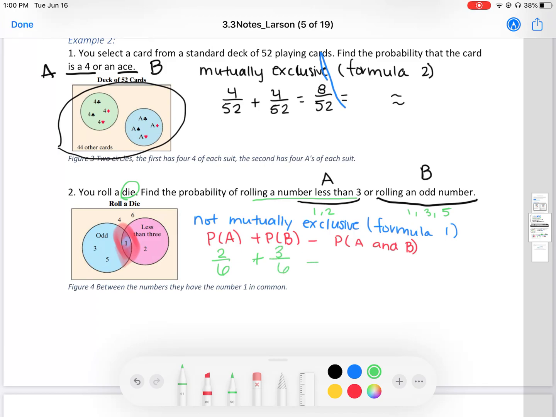And then I have to subtract what they have in common, just one number out of the 6 possible numbers. 2 plus 3 is 5, minus 1, we get 4 out of 6. And we can punch that into our calculator, round to decimal places, and it'll give us our probability. So when you're punching this into your calculator, you're punching it as 4 divided by 6. Top number divided by bottom number.